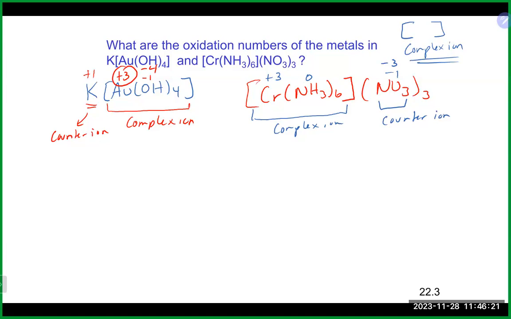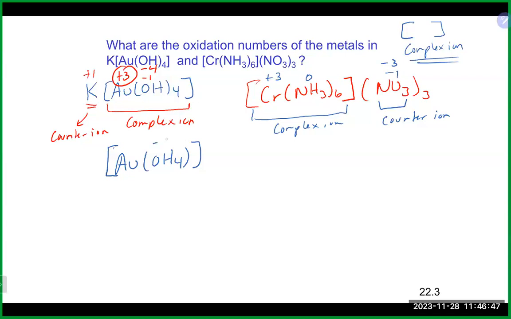Now, if we were to look at this, we actually do see both of the situations that we talked about earlier. When we look at just the complex ion part, for example, of our first one here, the charge on just the complex ion part is going to be overall, what's the charge on just the complex ion part? It is going to be -1.